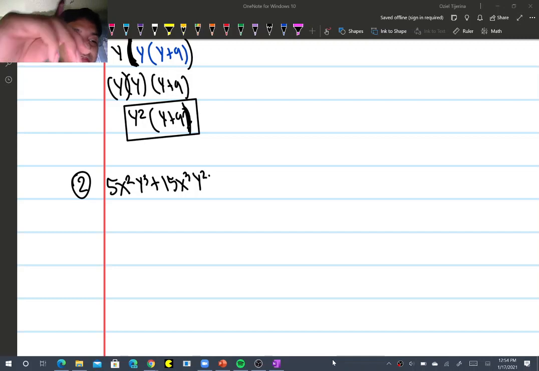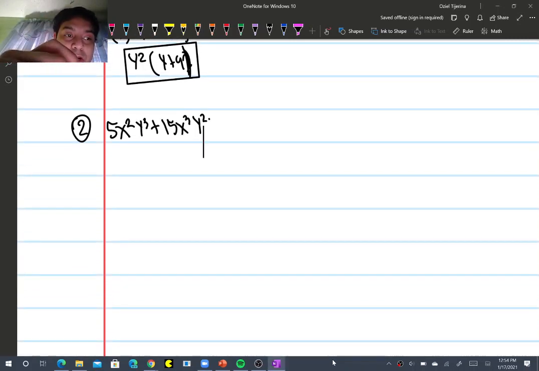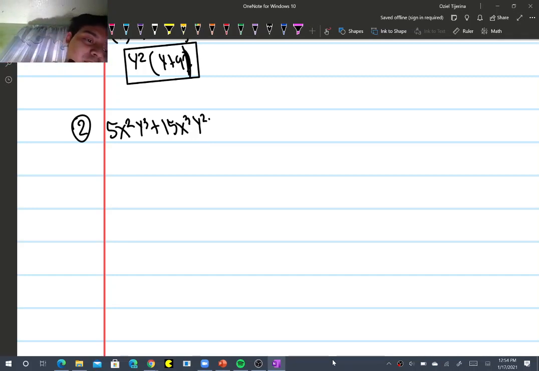We have 5x squared y cubed plus 15x cubed y squared. The first thing I would look at is that these two are divisible by 5, so I can factor out a 5. So I can say 5 times x squared y cubed plus 3x cubed y squared.